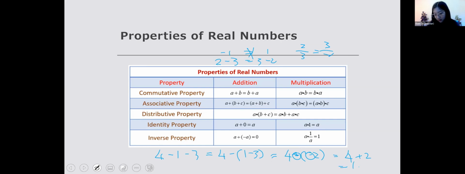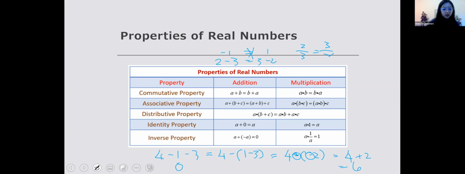So this will be equal to 6, while (4 minus 1) minus 3 will be 0. So is 0 equal to 6? No. And likewise, you do not use this for division. You can come up with your own example and see why it does not work.